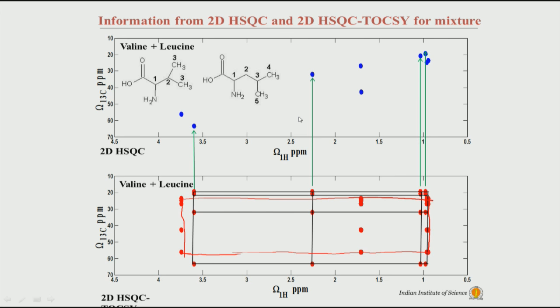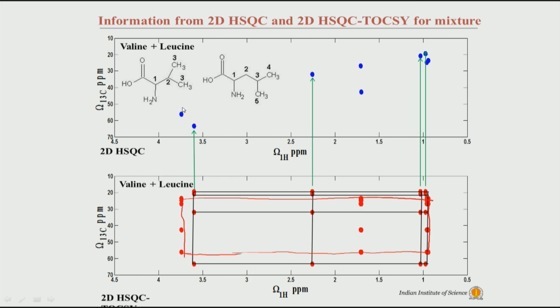So, what is done next? You simply look at the expected peak pattern, which is what you are seeing here, and match it with a database or with the literature or reference database values, and you can figure out that these arrows pointing to these peaks correspond to one spin system, and this spin system could be which amino acid. Similarly, the remaining peaks can now be clubbed together because they all belong to one spin system, and together, based on the database or any reference values, you can figure out which molecule that could be.